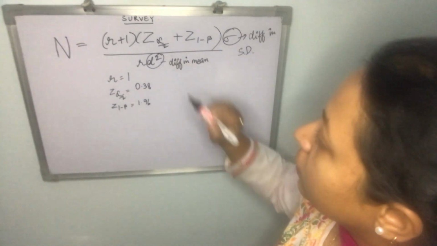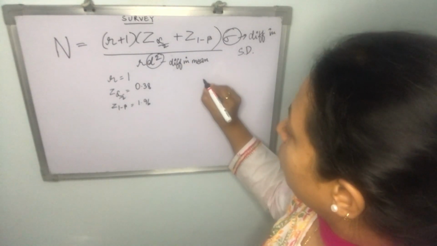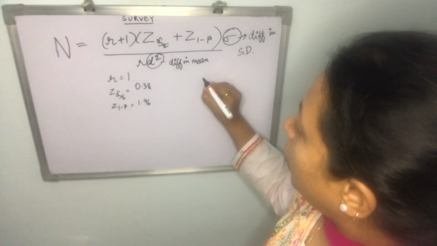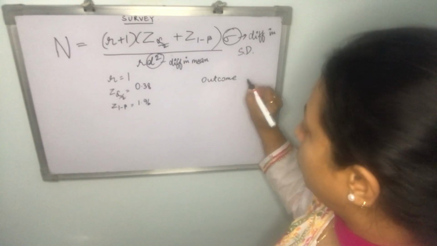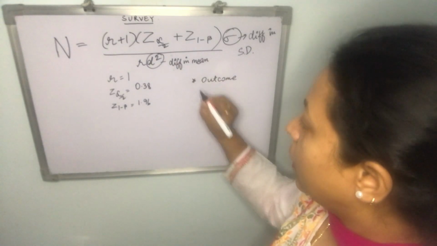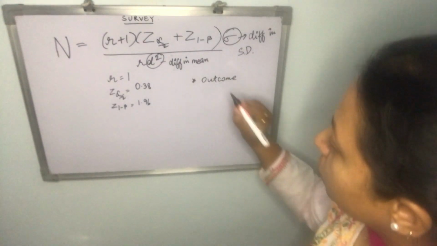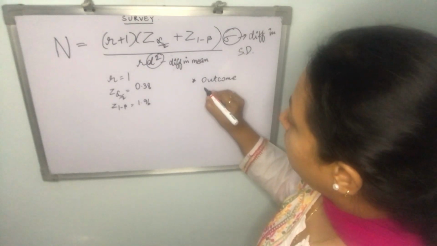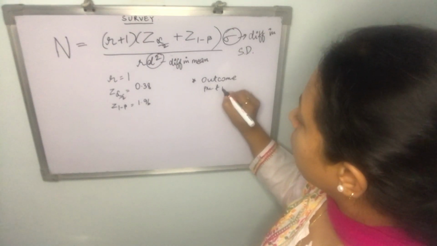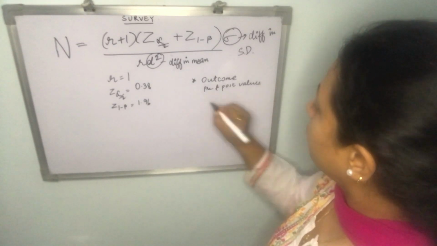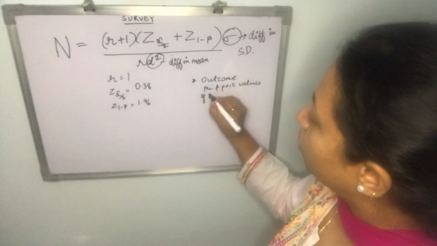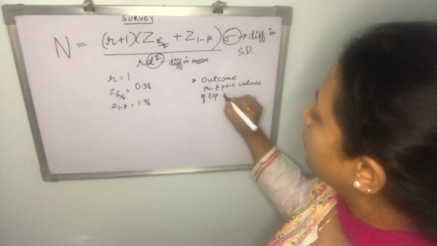So that article you will choose and you will look for the outcome measure, a typical outcome measure that you also have taken up in your study, and in that outcome measure you will look for the pre and post values of the experimental group. This is important.